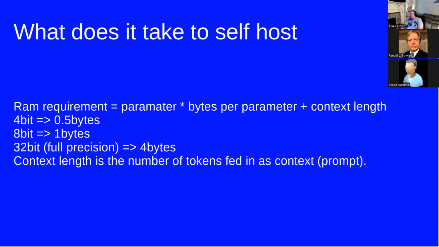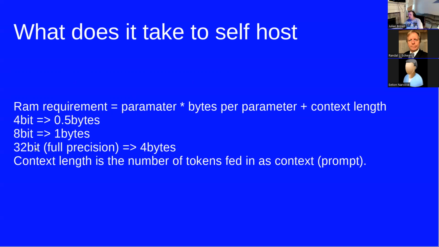RAM requirements are, and I noticed there's spelling errors on this page, I apologize, this is just a rule of thumb, so to speak. It's parameters times bytes per parameter plus the context text length. And we'll go over that in a little bit. But normally you have 32-bit precision, which is, these are actually floats.